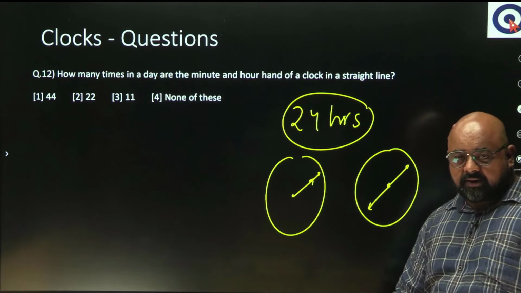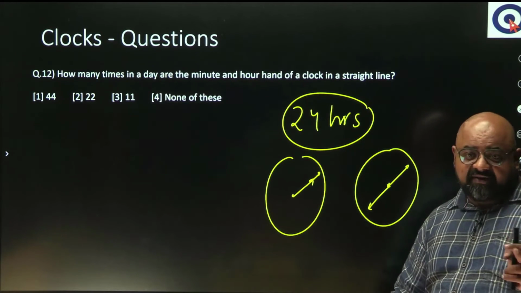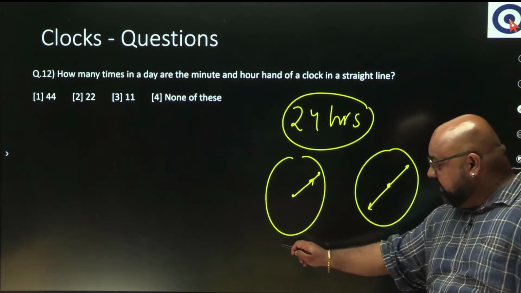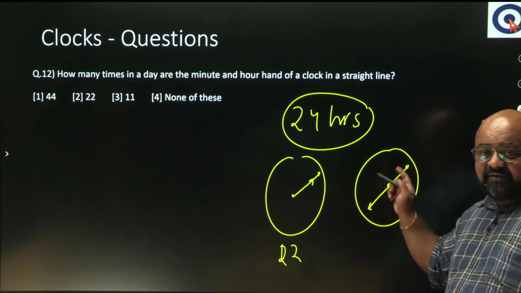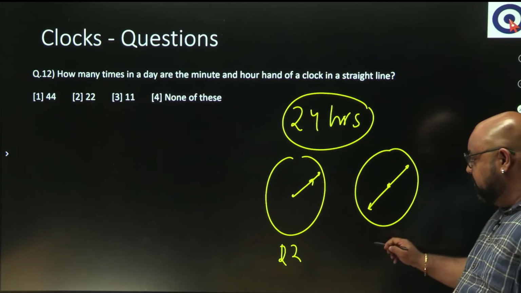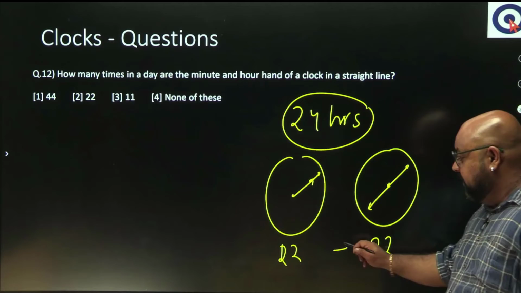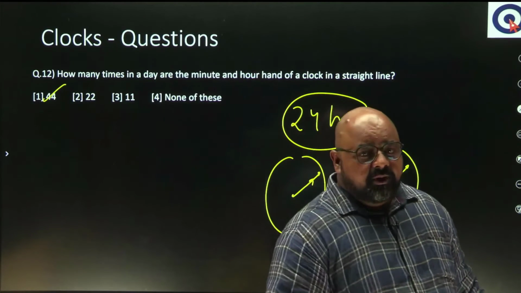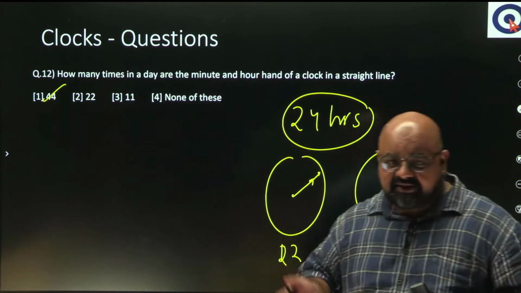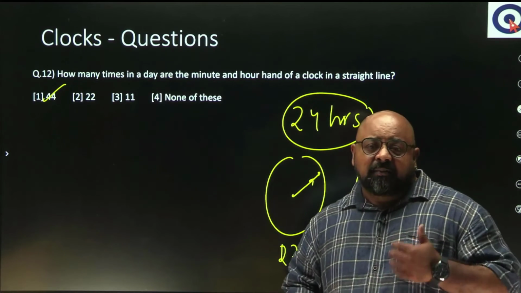Right? 0 degree is formed 11 times in 12 hours. So in 24 hours, this will happen 22 times. 180 degrees formed 11 times in 12 hours. So in 24 hours, this will also happen 22 times. Hence a total of 44.